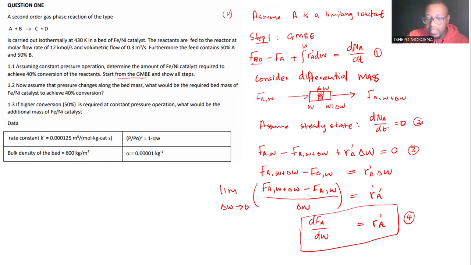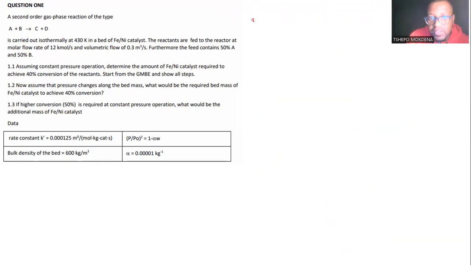And then when we consider moving to step number 2, this is what we are most definitely going to do. For step number 2, we do have the design equation now from the general mole balance equation. And now what are we going to do? We're going to talk about the rate law.